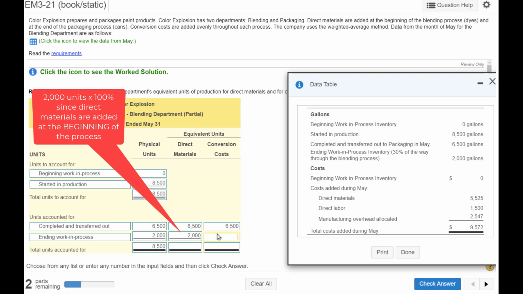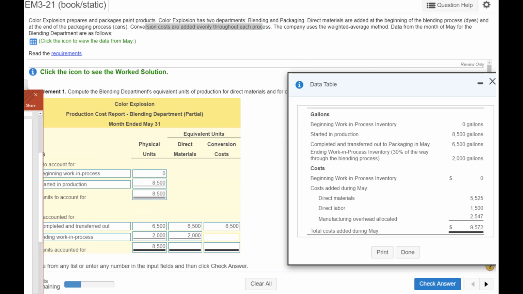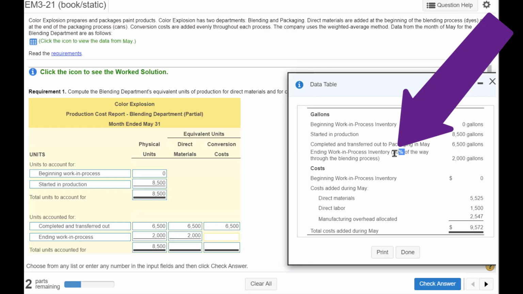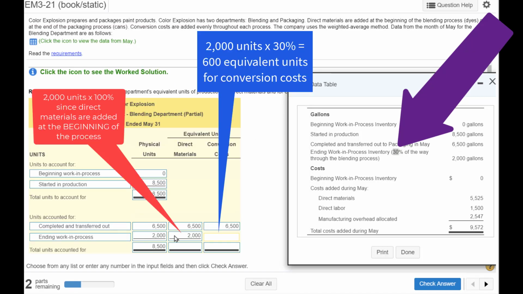And then for conversion costs, remember it says up here, conversion costs are added evenly throughout the process. And we are 30% of the way through the process for these 2,000 units. So we're going to take 30% of the 2,000 that are in the ending work in process.